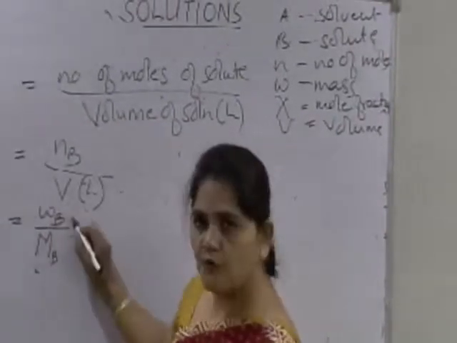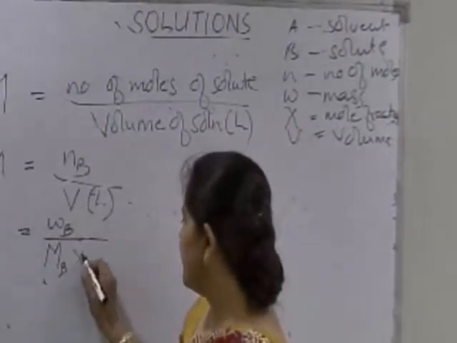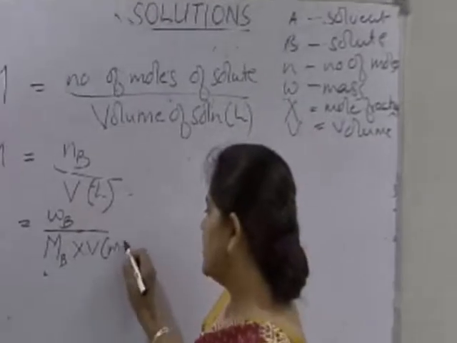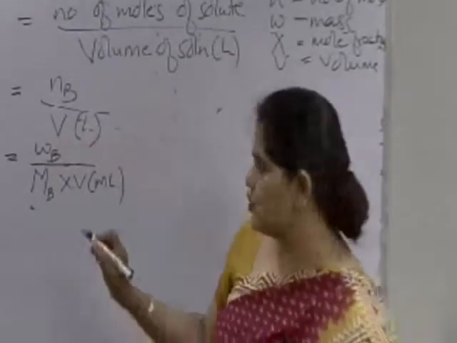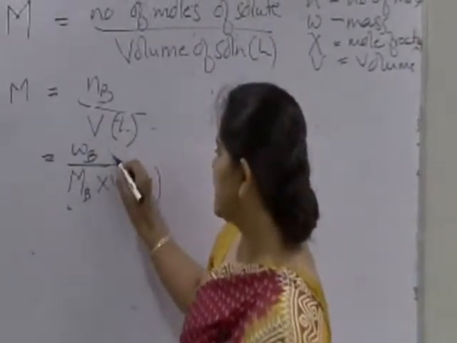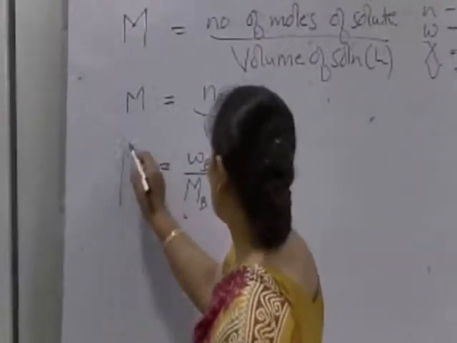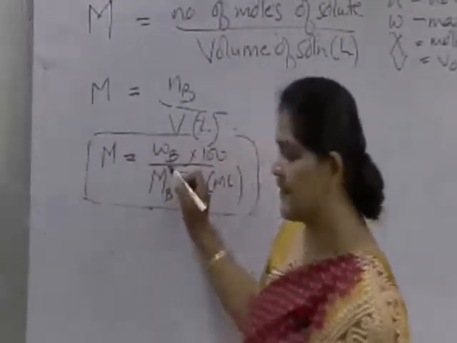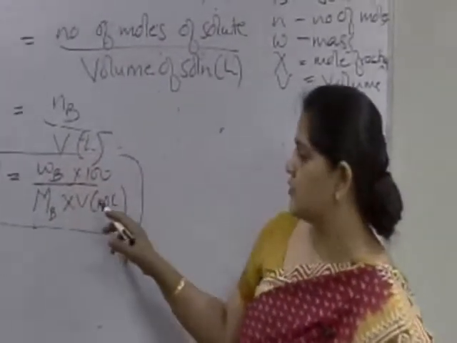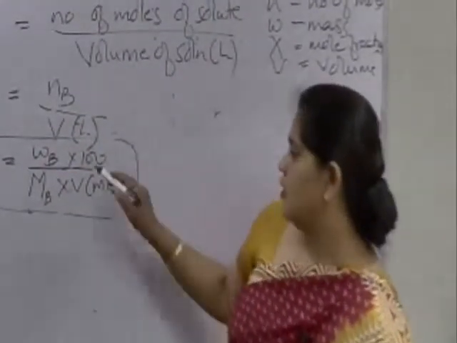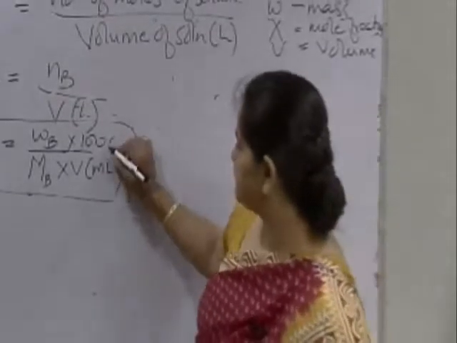This is the number of moles over volume in liters. In case volume is given in milliliters, you divide the volume by 1000, and hence your molarity expression becomes somewhat like this. That is the given mass upon the molar mass into volume in milliliters divided by 1000, or volume in liters.